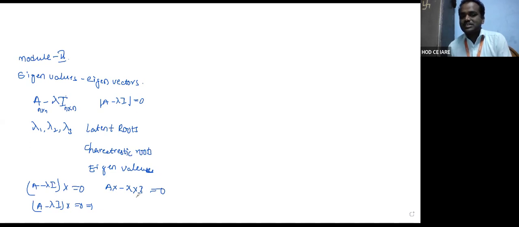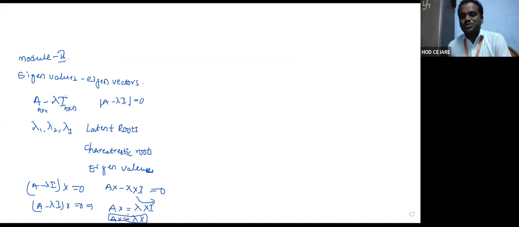Moving this term to the other side, Ax is equal to lambda xI. XI means the unit matrix, so we get only x. That is Ax is equal to lambda x.